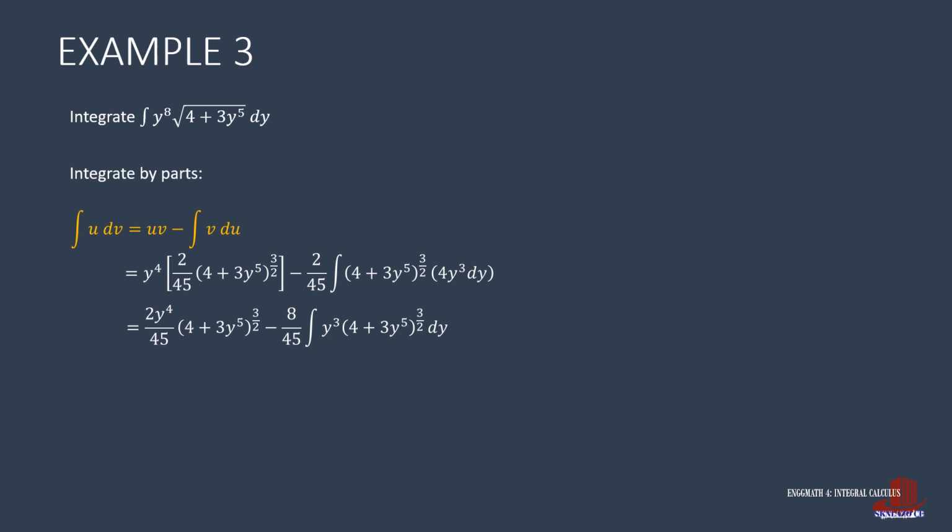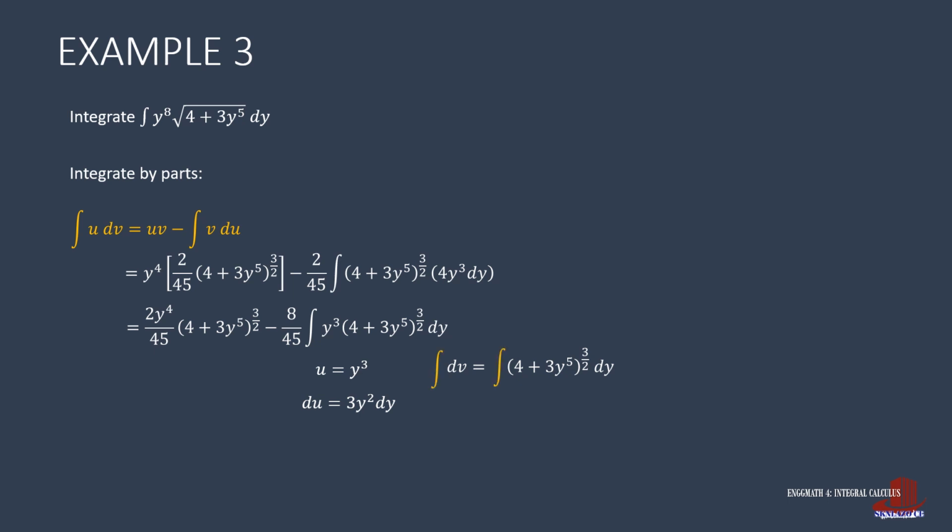The term in the integrand is still a product, so let's attempt to use integration by parts again. u is y cubed, and du is 3y squared dy. dv is the quantity 4 plus 3y raised to 5, raised to 3/2 dy. Then we take v.